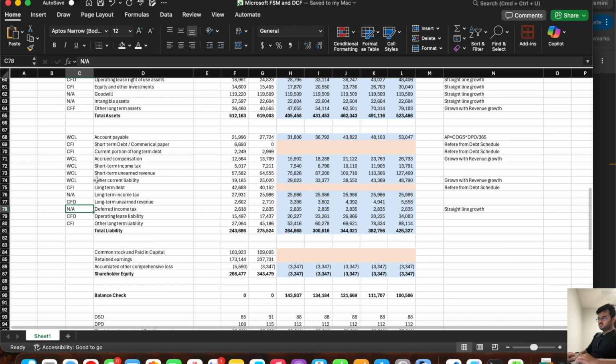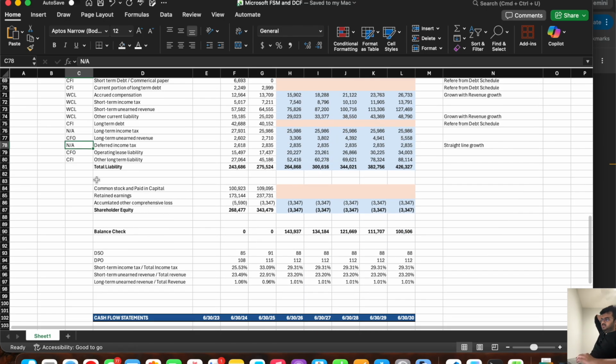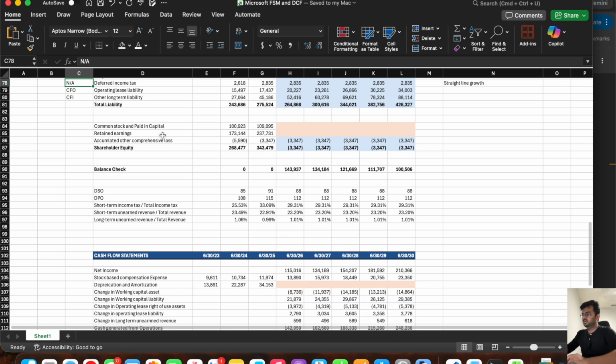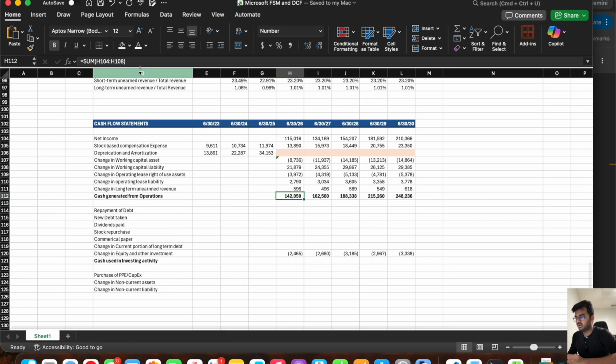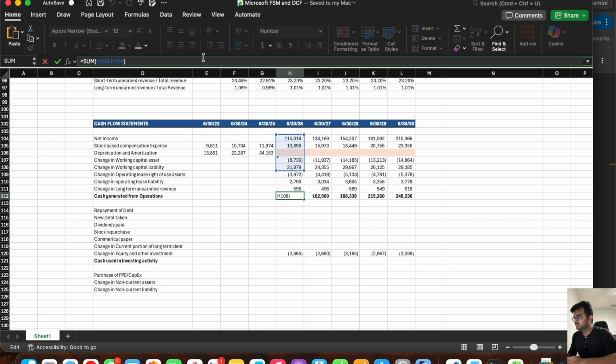This could have been a bit confusing, but make sure you did this right. The key thing to take care is to ensure whatever items you had in the balance sheet are reconciled into the cash flow statement. If you do this right, pretty much your model should standardize. I hope I did everything right without missing any calculation.